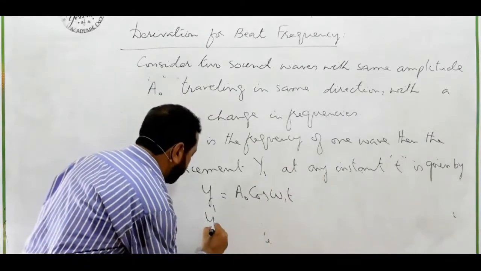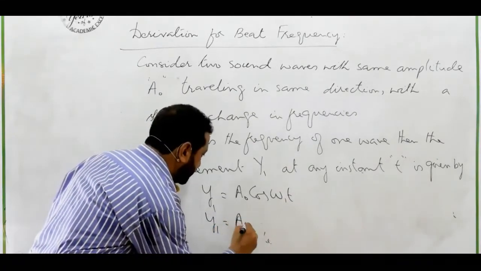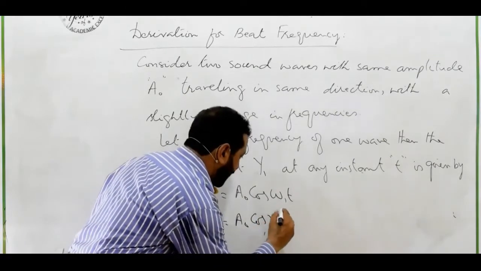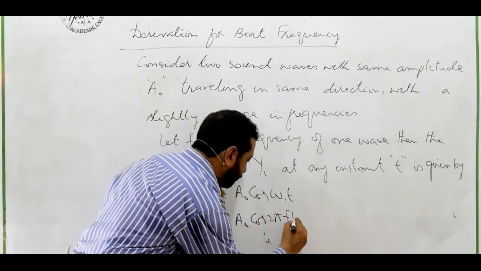That means y1 is equal to A naught cos 2 pi f1 t.